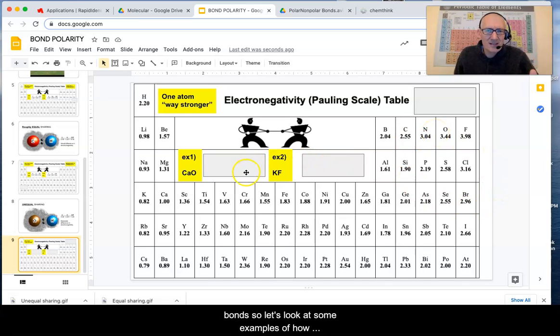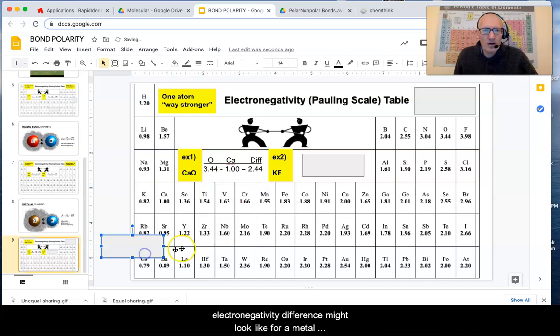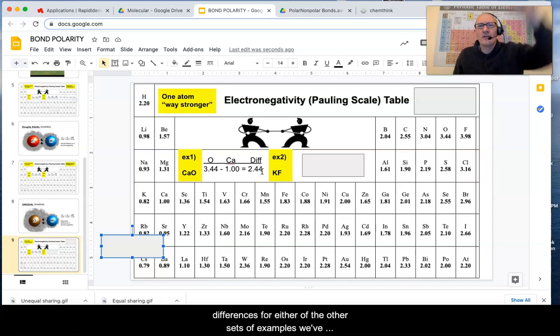So let's look at some examples of how electronegativity difference might look for a metal paired up with a nonmetal. I've got oxygen at 3.44, bonded to calcium at 1.00. That's 2.44. That's way bigger than the differences for either of the other sets of examples we've looked at.